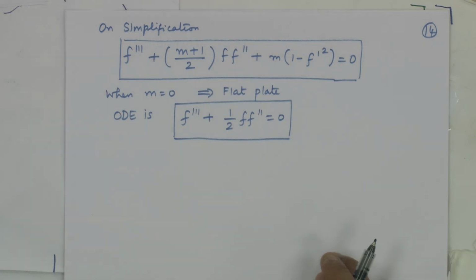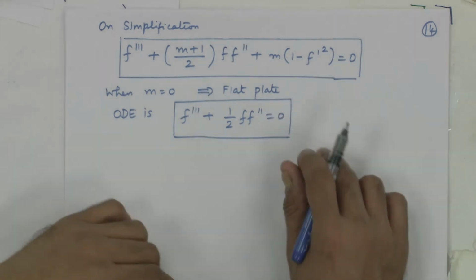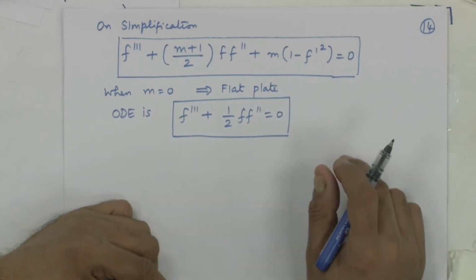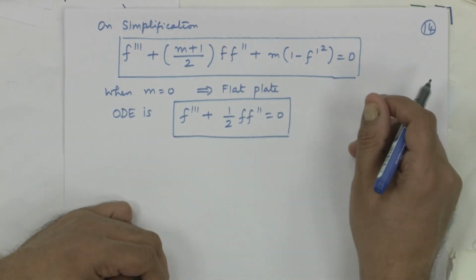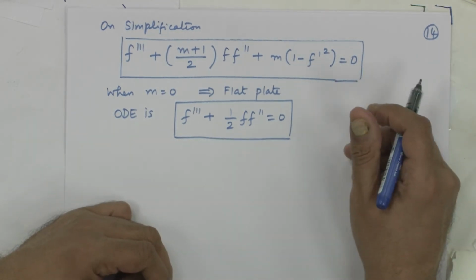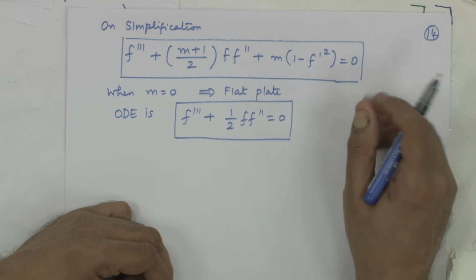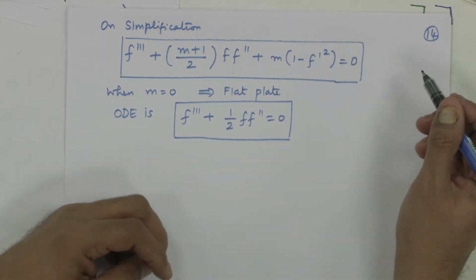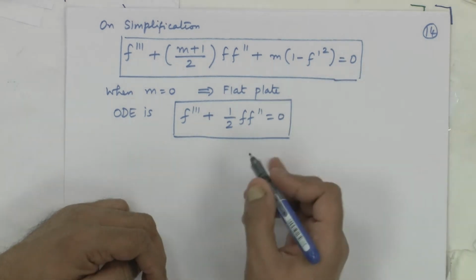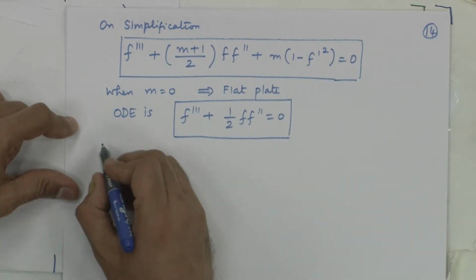This is your ordinary differential equation. So, this is something which we need to keep in mind. We need to say to the students that this is not transformed just like that. The similarity variable has not come from thin air, it is a very well mathematically thought out thing, and based on this you get the ordinary differential equation like this.